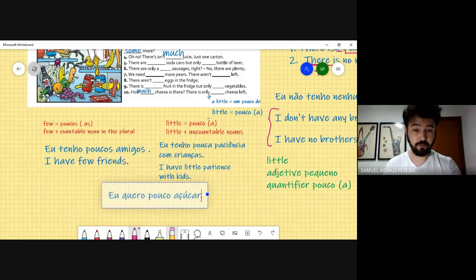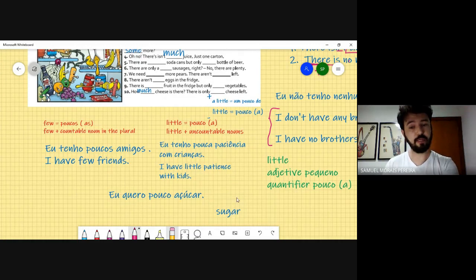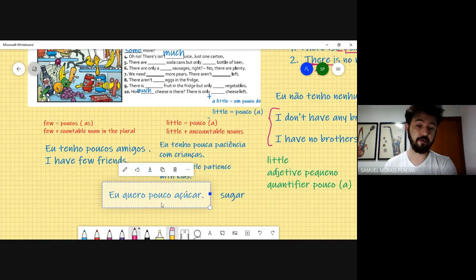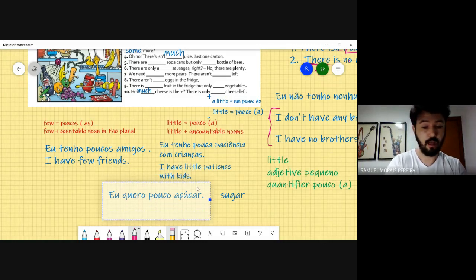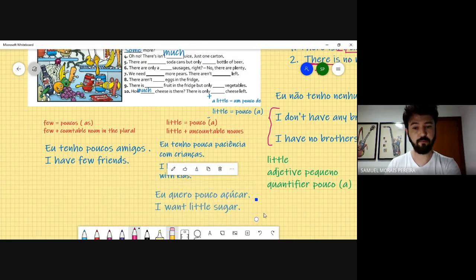Or, eu quero bem pouco açúcar. So how do I say that? Very simple. Açúcar, sugar, okay? And in our last class, I told you that sugar is uncountable. So in this case here, I have to say, I want little sugar. Eu quero pouco açúcar. So this is the way you say pouco and poucos in English, okay?